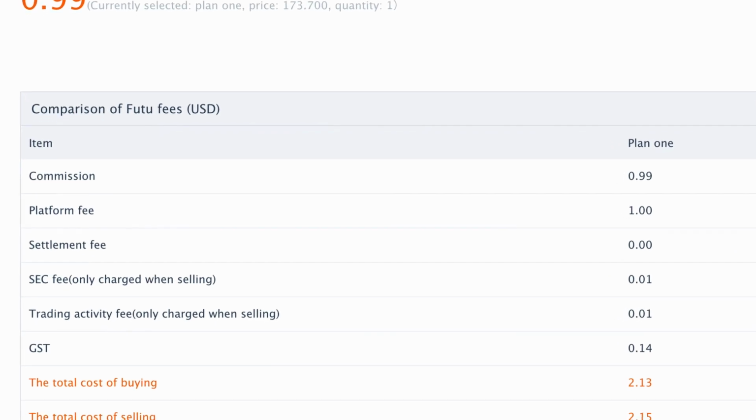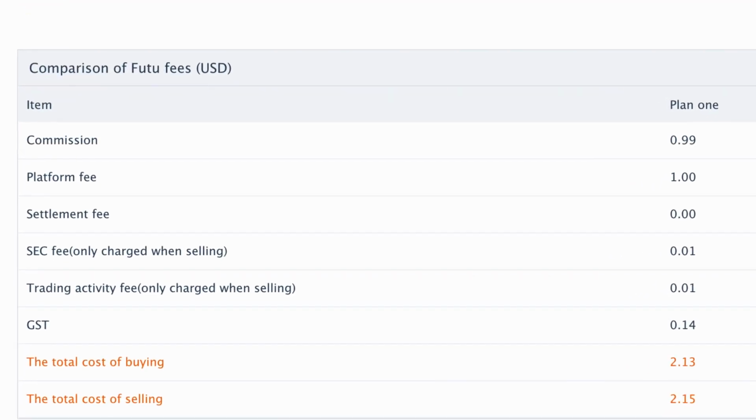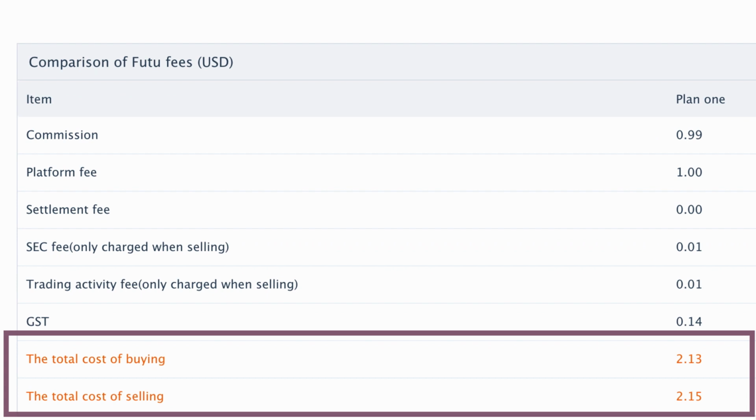So to buy a Disney stock will cost $2.13, and to sell will cost $2.15 after incorporating the fees. In total, to buy and sell a stock, it would be $4.28 in US dollars.